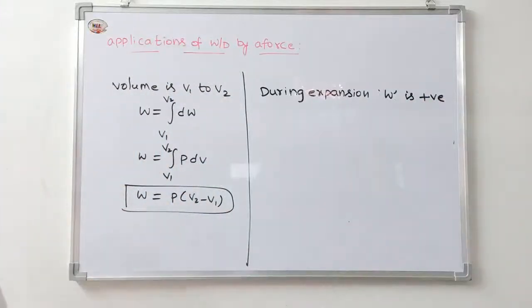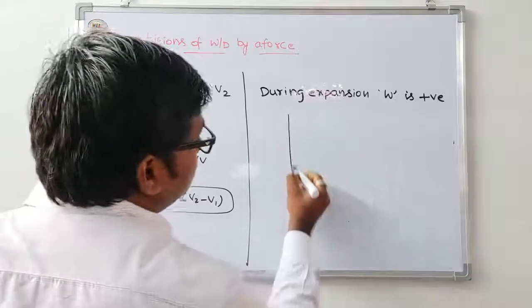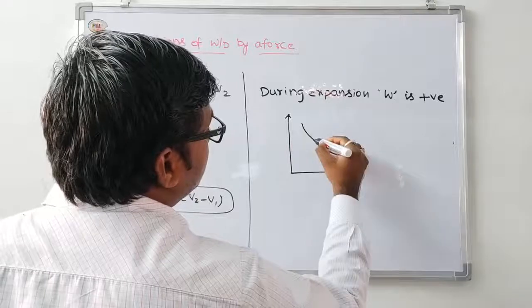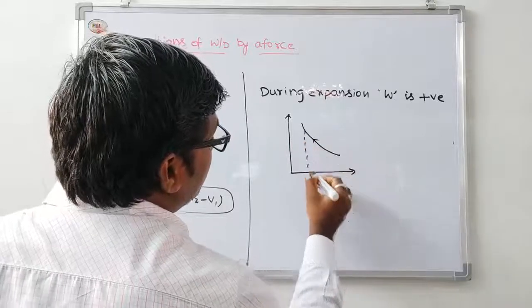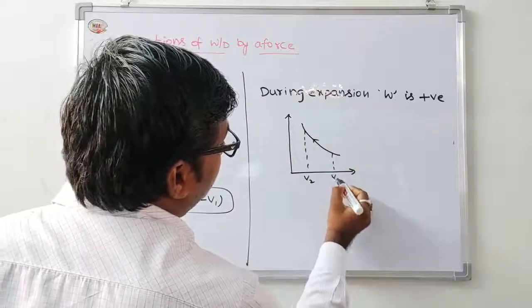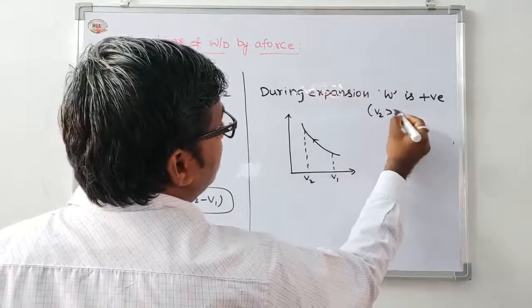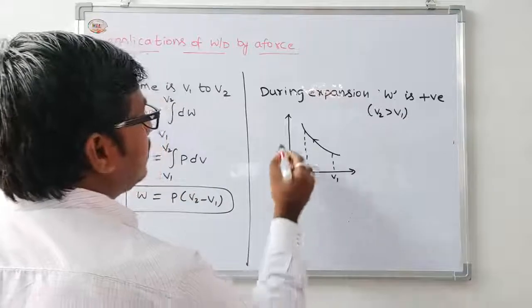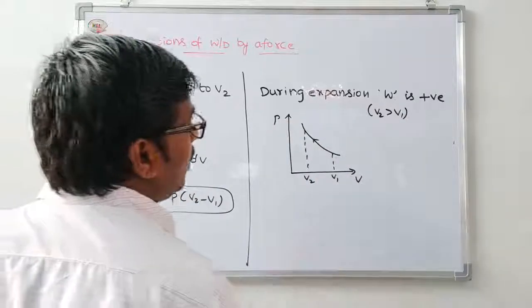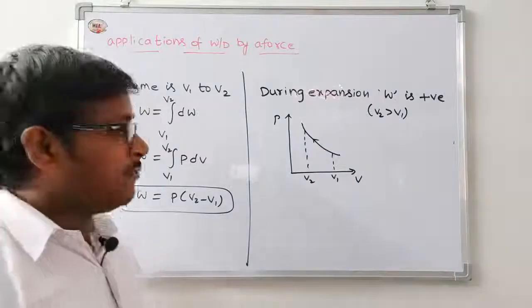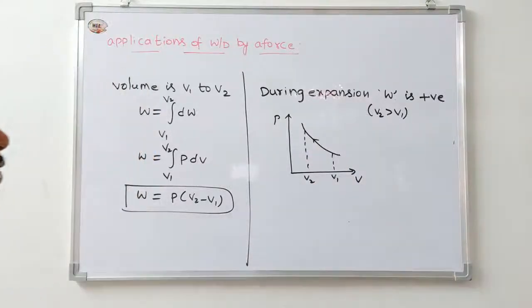In this graph, V2 is greater than V1. This is the expansion, and this is the pressure, and this is the volume. The work done is positive during expansion.